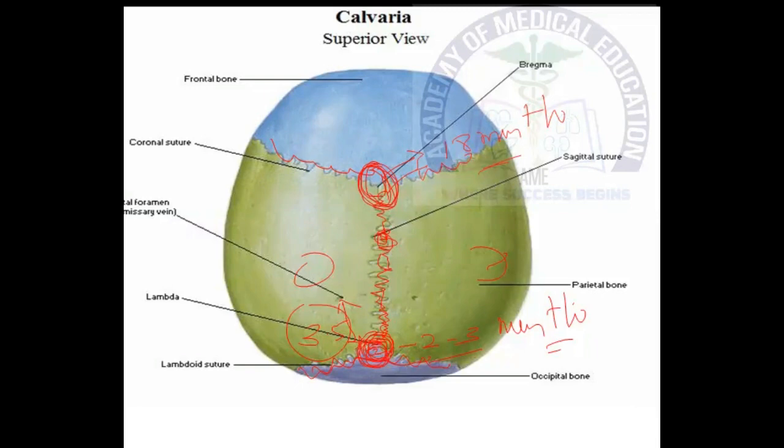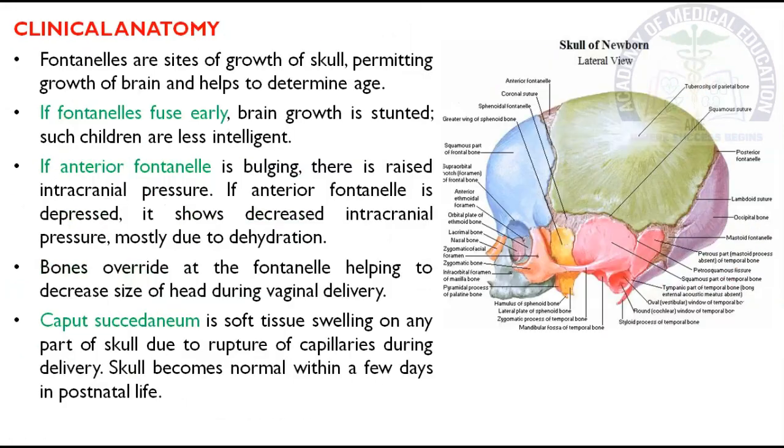This point is the bregma, and this point is the lambda, with the coronal suture and the sagittal suture.